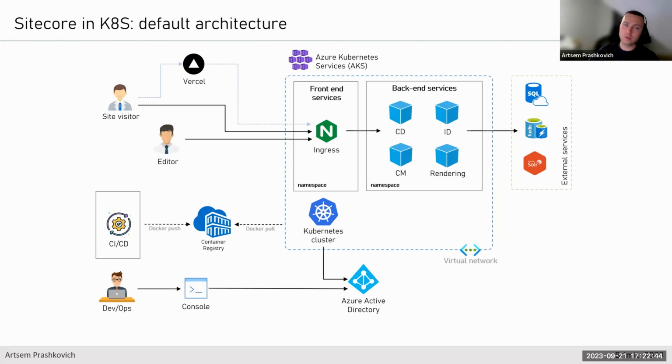In the case of Vercel, it will communicate with our cluster through Ingress as well and get data from the CD server. And if we run our rendering host inside the cluster, it will communicate with the CD or CM server as we decided, but that will be internal communication, so no traffic goes outside between the rendering host and the CD server.